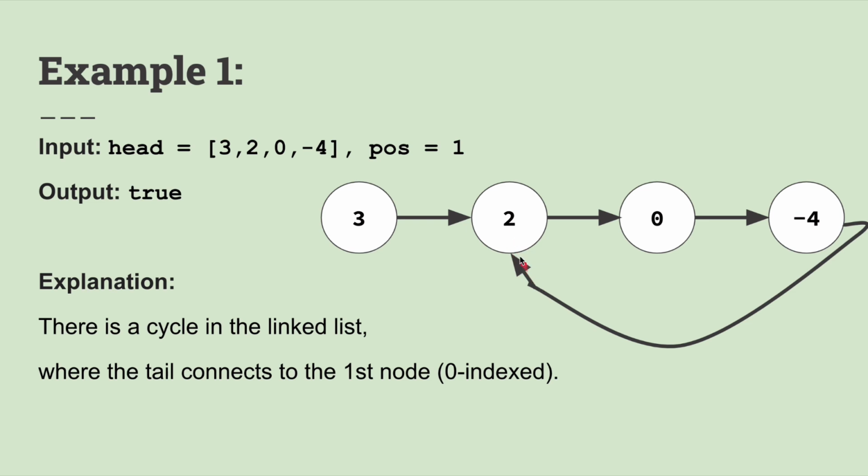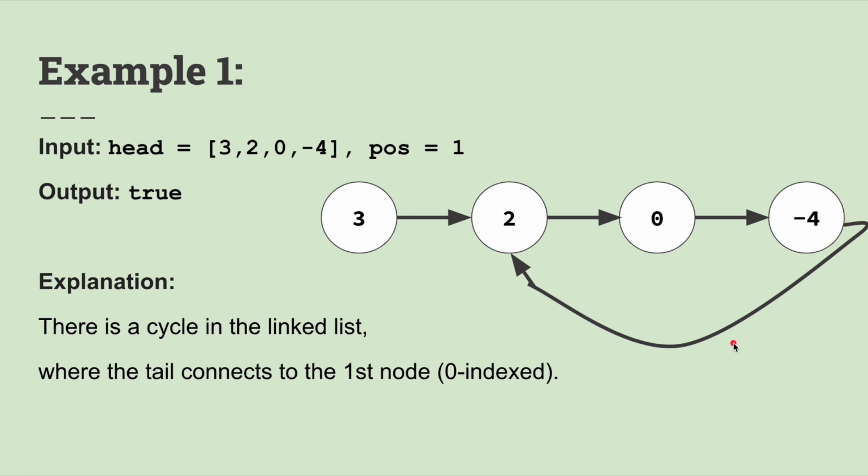The tail is coming from -4 and coming back to here, to the node with value 2, right? It connects all the way from the node -4.